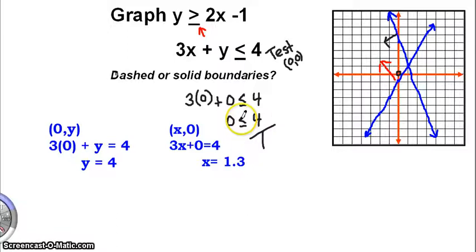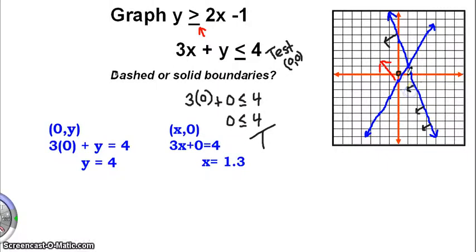I need it to be less than or equal to 4. It is true. So if this is true for this line, the 3x plus y less than or equal to 4, that means I will be shading where 0, 0, that test point is. I'll be shading to that side of that line. So it will be all towards this area, to this side of the line.